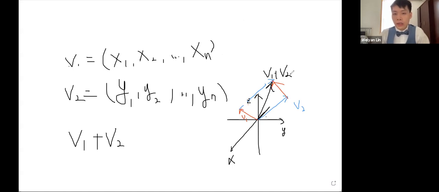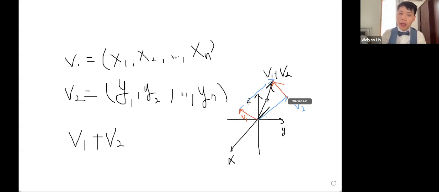To see why this diagonal vector is the sum of these vectors, think of it this way: because it's a parallelogram, these two edges are parallel to each other, although I'm not drawing it as it should be. That means they point in the same direction and also have the same length. The only difference is that one starts at the origin, but this one does not.